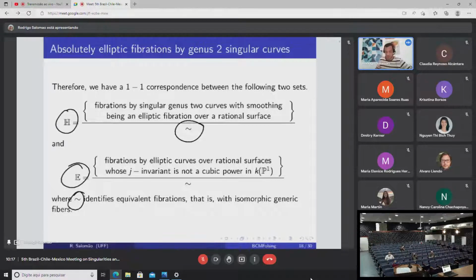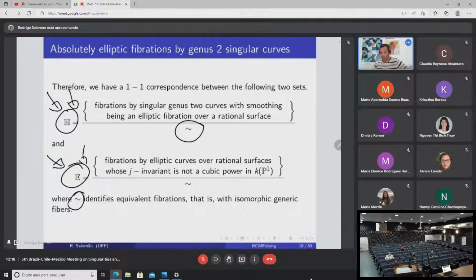as I introduced previously. Okay, so if you want to describe, to classify this set, we can use this one-to-one correspondence to classify H via the classification of E. Okay, so in this way, we are in the direction of the classification of E now.